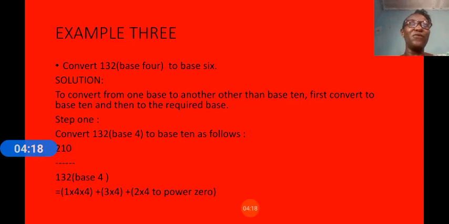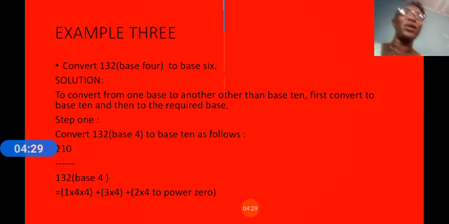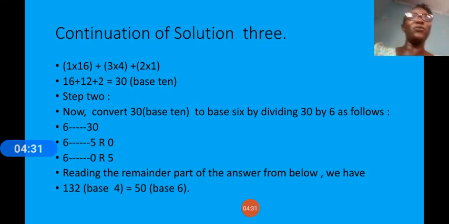And this will give you 1 times 4 raised to power 2 plus 3 times 4 raised to power 1 plus 2 times 4 raised to power 0. And if we expand this, you'll be having 1 times 16 plus 3 times 4 plus 2 times 1, since anything raised to power 0 is 1. And this will now give you 16 plus 12 plus 2, which is equal to 30.